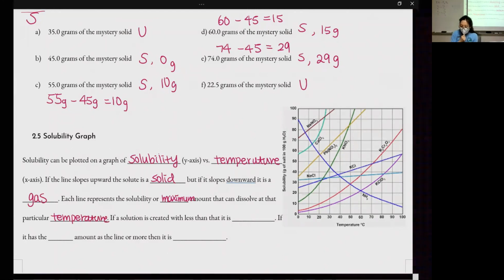If a solution is created with less than that, it is unsaturated. If it has the same amount as the line or more, it is saturated.